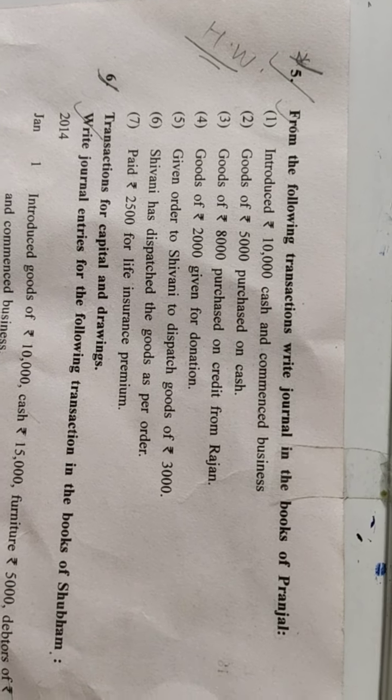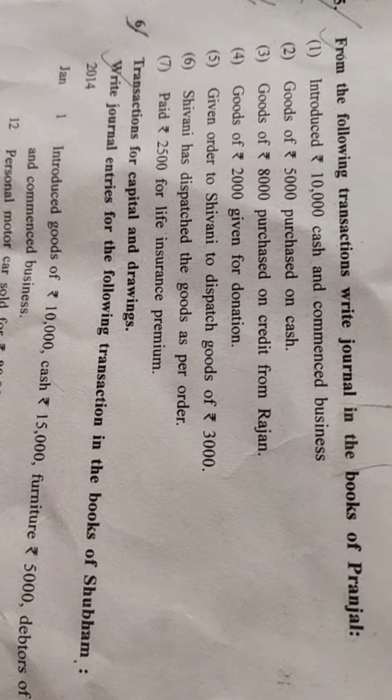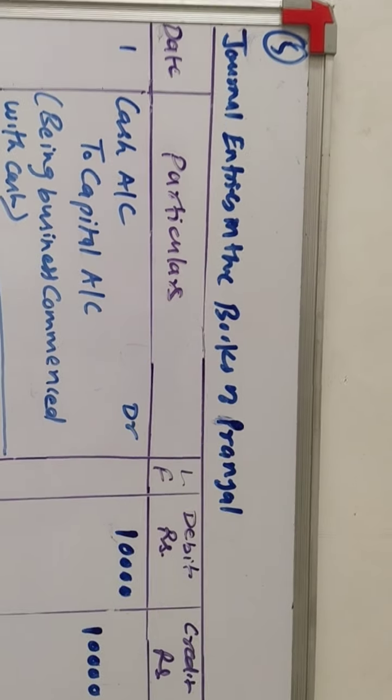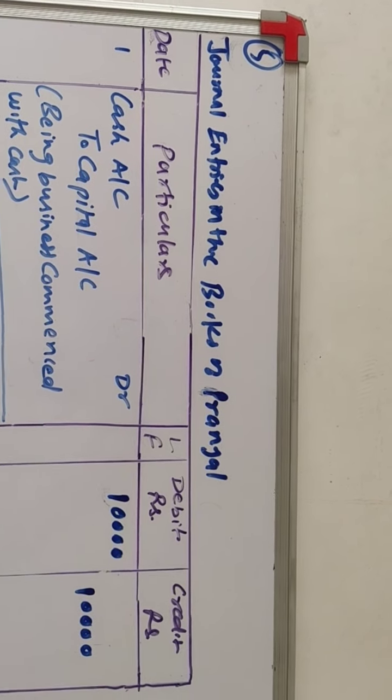So our journal entry for the first transaction will be cash account debit to capital account. Cash account debit and capital account credit. Let's see how to write in the format. First, journal entry in the books of Pranjal will be our heading.